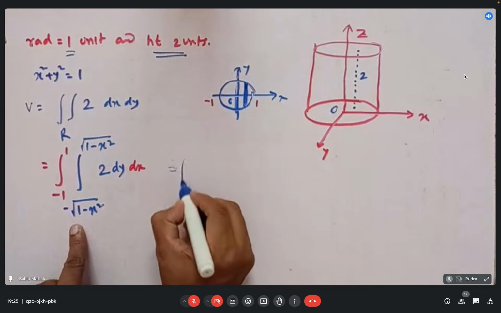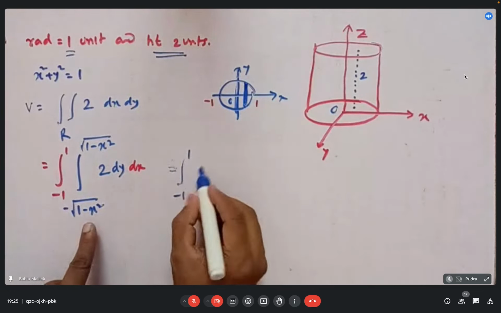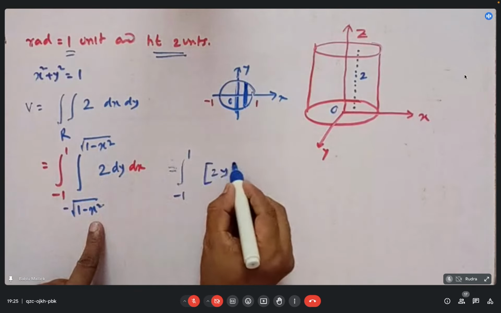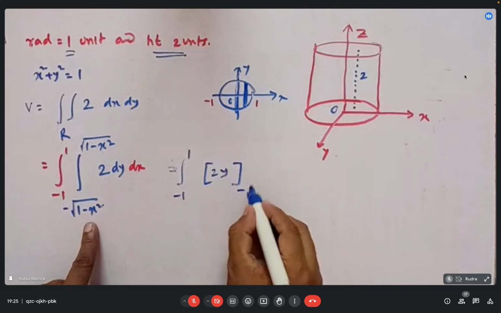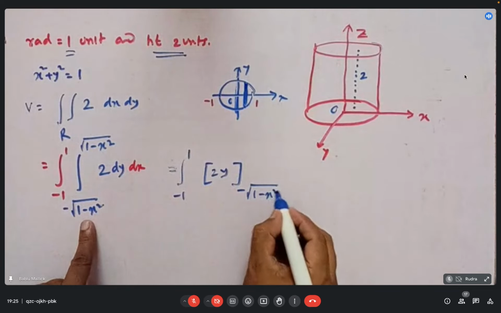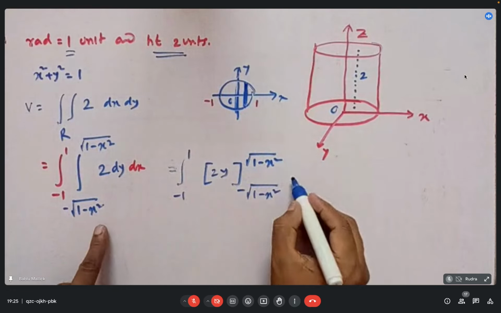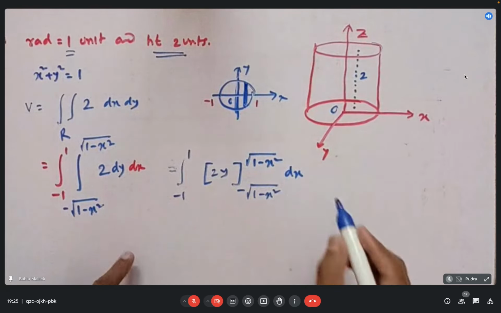This will give you, from -1 to 1, this integration is 2y, with limit of integration -√(1 minus x square) to √(1 minus x square), this dx.